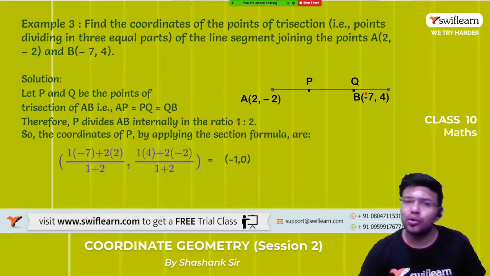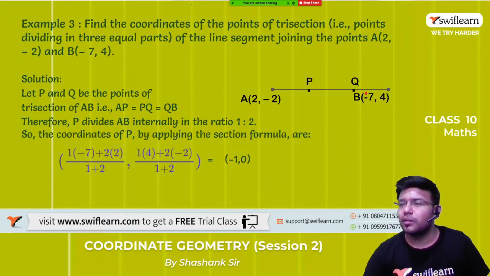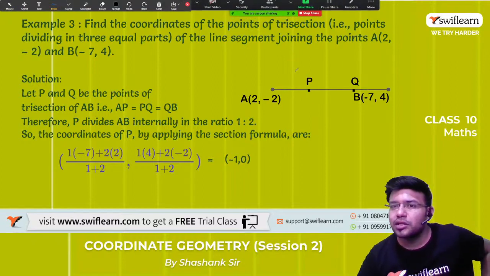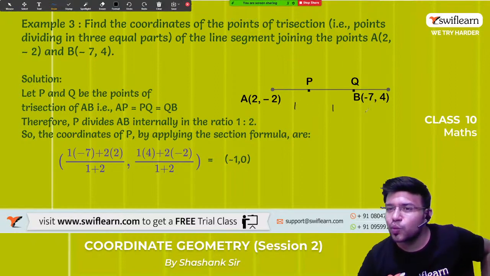Okay, so how to do this? Let us consider first point P. Now how is this point P dividing the line segment? तीनों line segment 1:1:1 ratio में है. If we consider this point AP by PB, okay, this is point B. AP by PB, how much is this? ये तो 1 है, यहाँ पे पता है. ये 1 और 1 है.